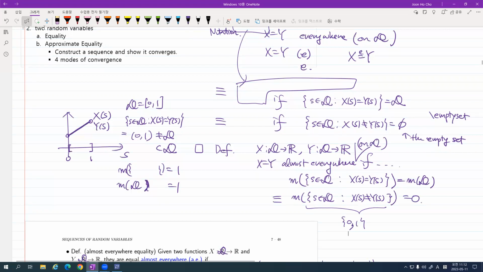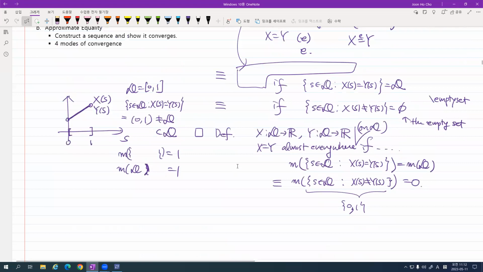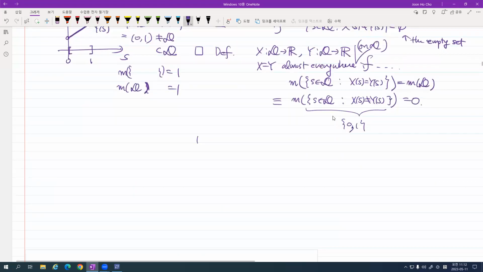And here, we can find other equivalent definitions of almost everywhere equality. The first thing is this one. X and Y are almost everywhere equal on, of course, D. By the way, this is a notation: a.e., almost everywhere. Got it?